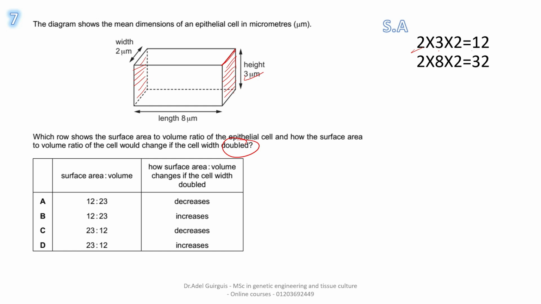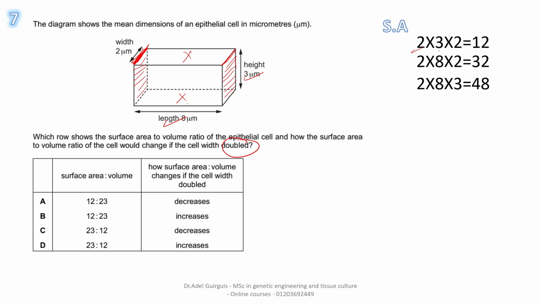Then 2 times 8 times 2, for 2 faces, times 8 times the width of 2, equals 32. Then the last two faces, 2 times 8 times 3.